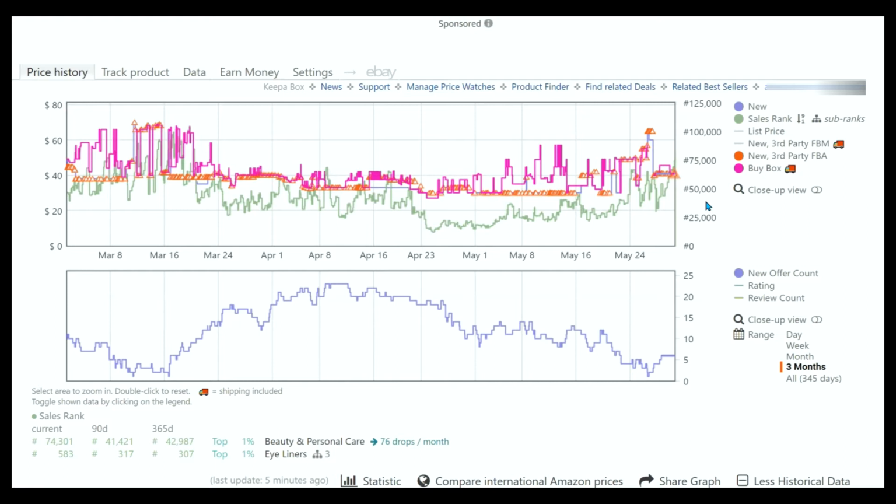And if you and I and two other people were selling the same product and we're competing against each other, there's going to be volatility in the price of that product over time. We're not, for the most part, especially if this one currently has 6 sellers, but at one point it had as many as 23 sellers.